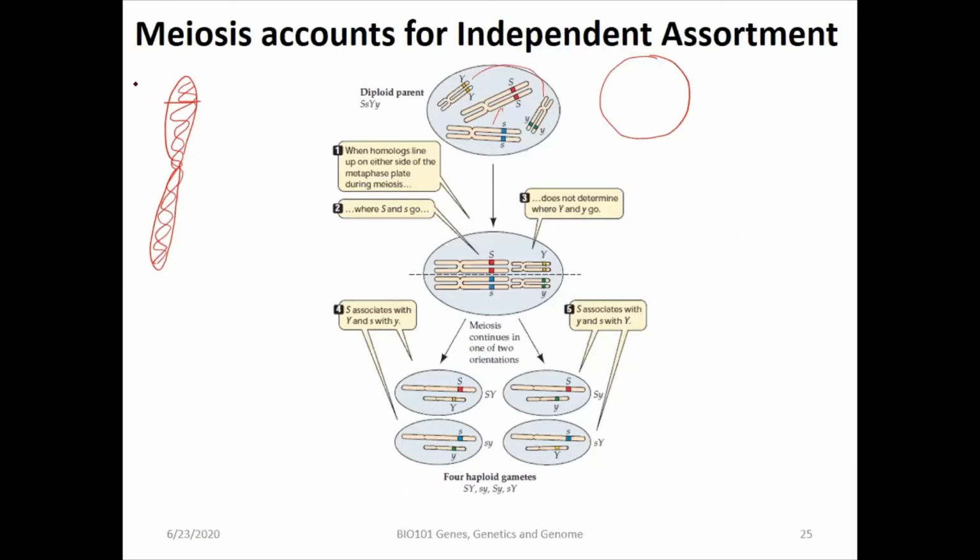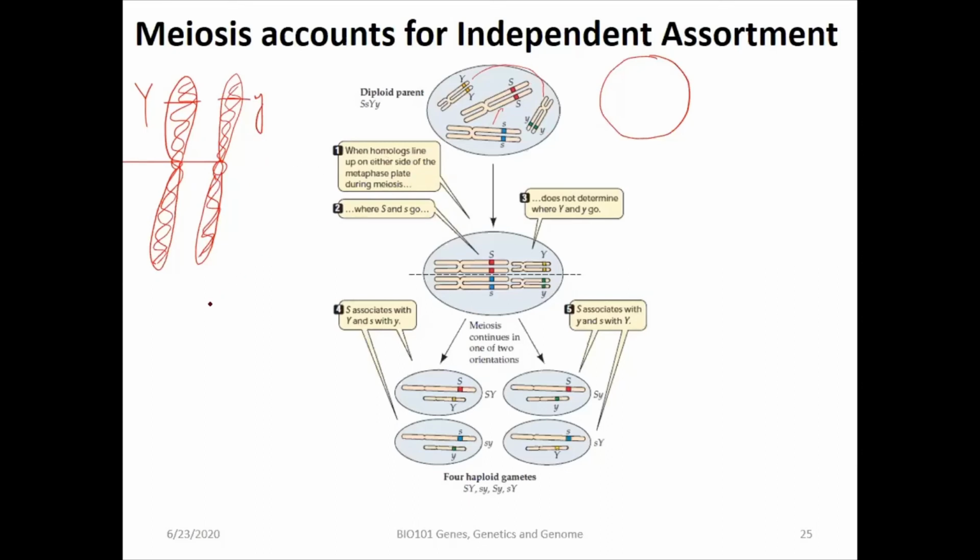Imagine this one is with capital Y. And in an F1 heterozygous, for yellow, it will be small y here. But these are homologous chromosomes, 100% the same, with a few variations, a few different alleles.